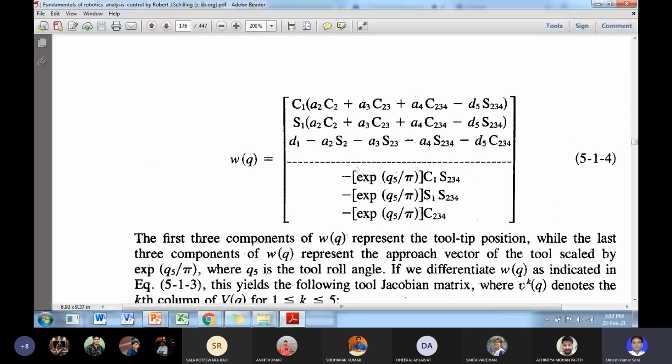So please do it. This is the matrix. You determine the values of V1Q, V2Q, V3Q, V4Q and V5Q. There are total 5 variables: theta 1, theta 2, theta 3, theta 4 and theta 5.